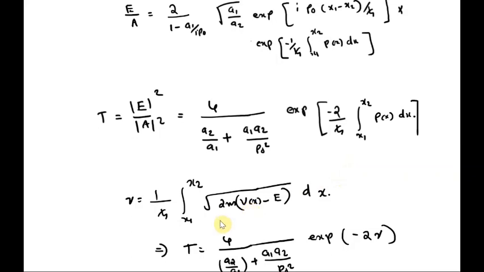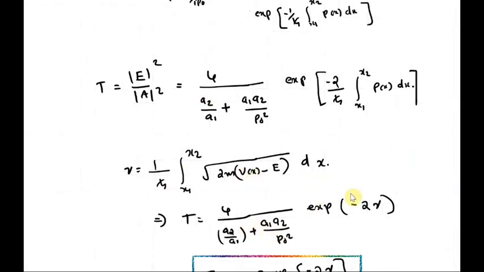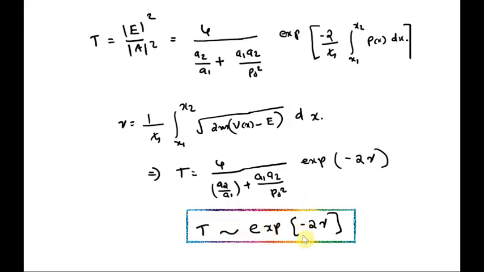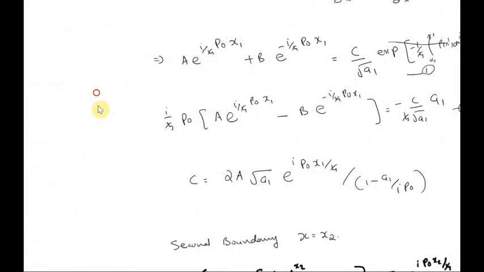So in terms of gamma, the transmission coefficient will become some constant times exponential of minus 2 gamma. Or the transmission coefficient roughly depends upon exponential minus 2 gamma. This is how we find the transmission coefficient for the tunneling process.